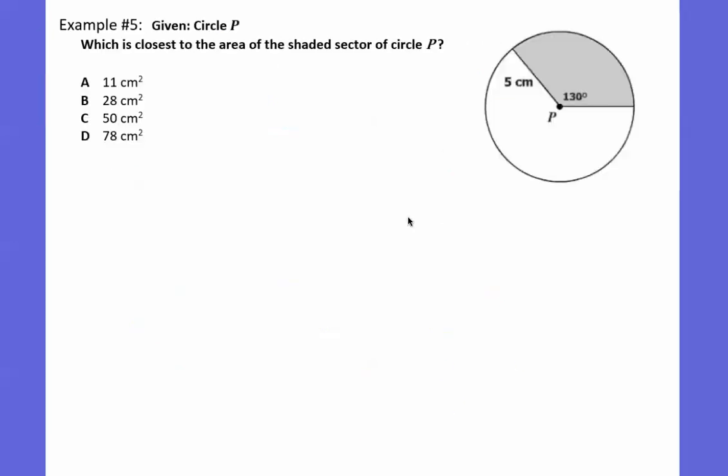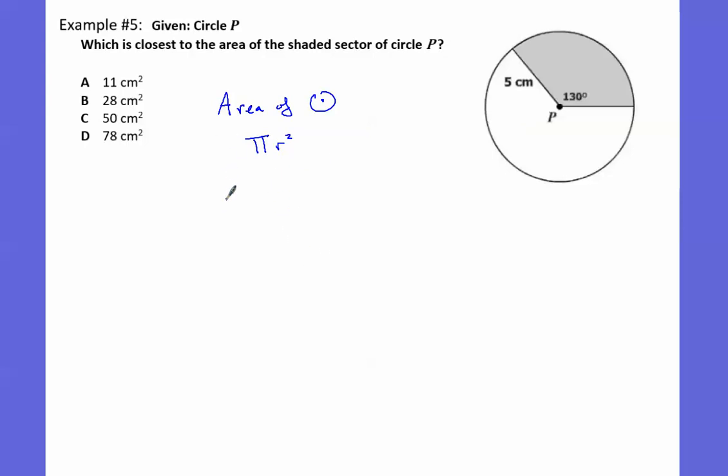And for the last example in this particular section, we want to find the closest area to the shaded sector of circle P. So here's circle P, it's only partially shaded, so we want part of the area of the total circle. Well, first we have to remember that the area of a circle is going to be equal to pi r squared. We know that the radius is going to be 5.